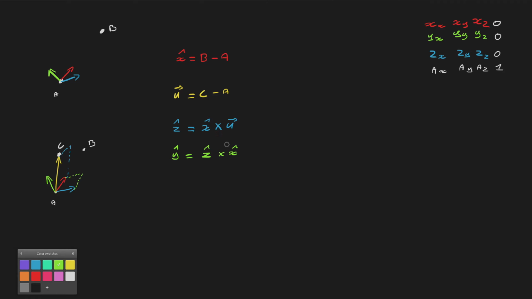Again, because this is a cross product, we might be getting the opposite one. I know that this is actually z cross x, but depending on the setup that you do, depending on what vector you use as the source, you might need to mess around with the order of the cross product for both these two vectors. Cool. I think that's pretty much it. We have our three vectors. We've got them all orthogonal to each other.